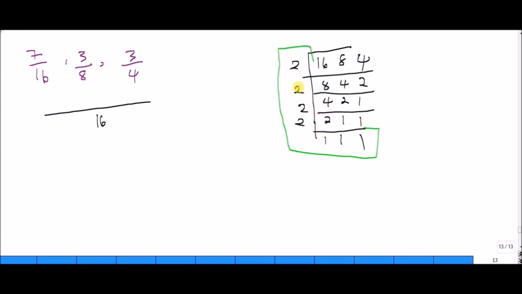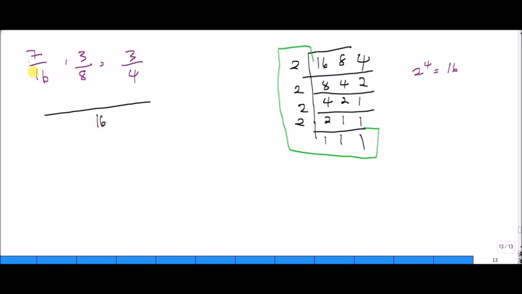So this would be 2 to the 4th, which is 16, because 2 times 2 is 4, 4 times 2 is 8, 8 times 2 is 16. So our LCM or LCD, lowest common denominator, is 16.